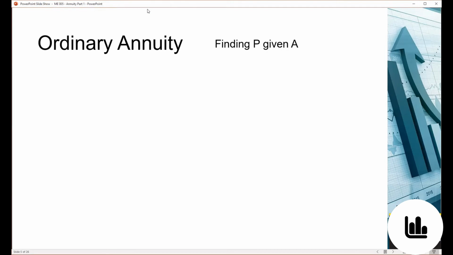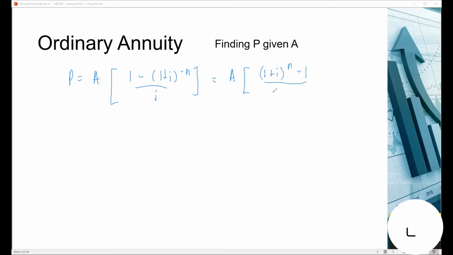Okay, so sulat lang natin ulit ha. P is equal to A times [(1 plus i) raised to n minus 1] over [i(1 plus i) raised to n].